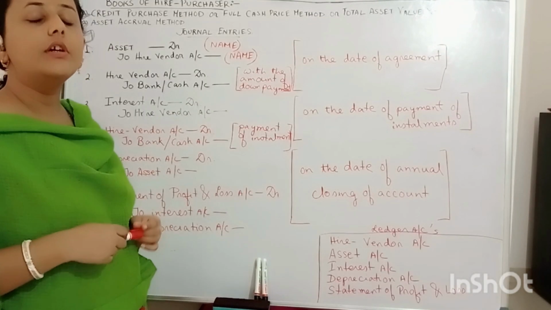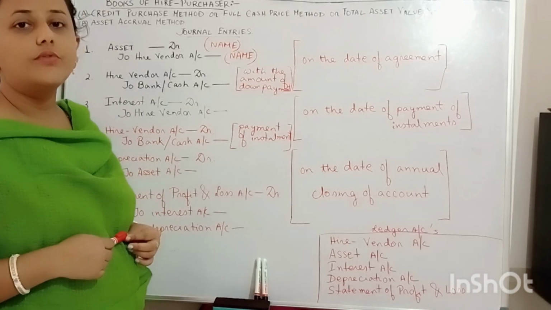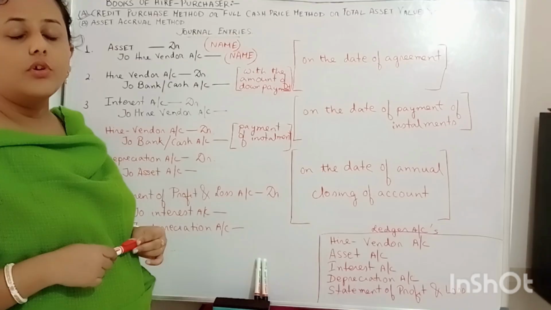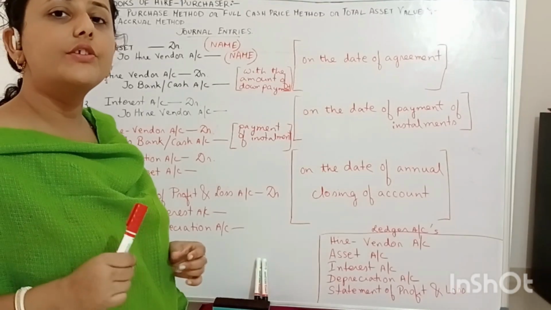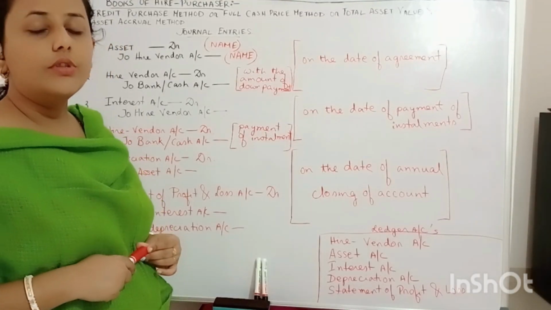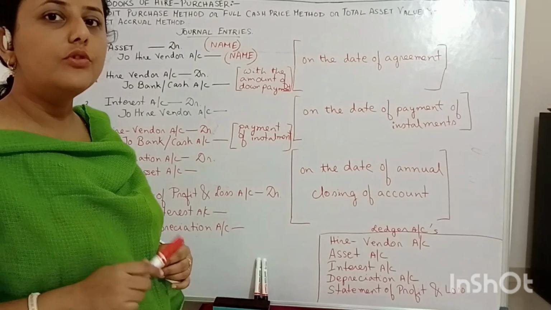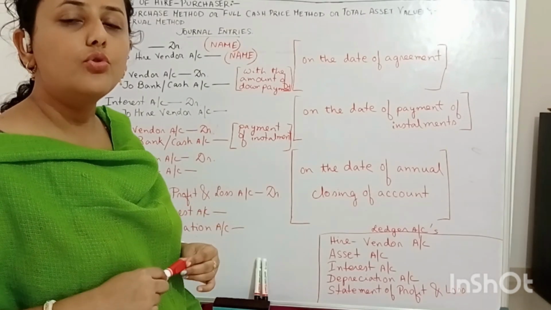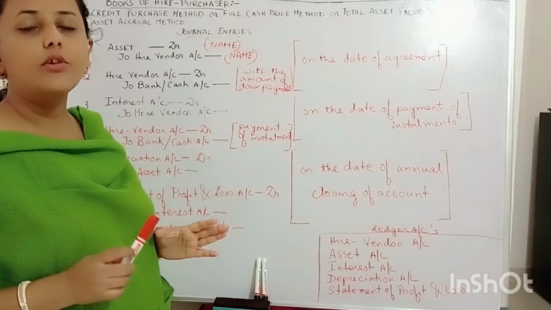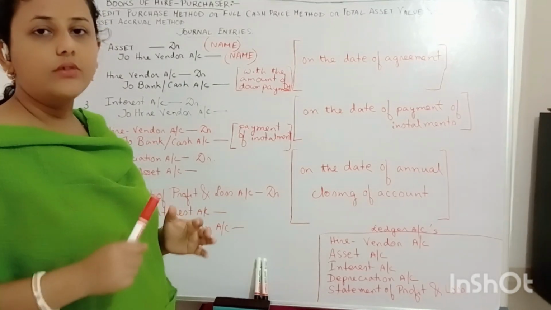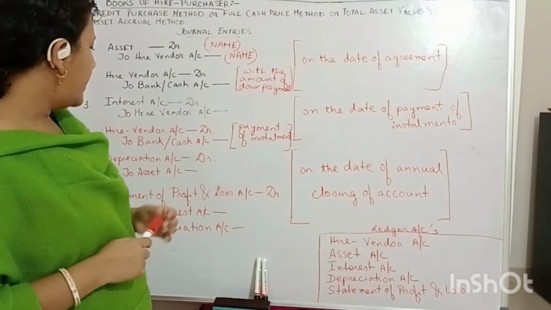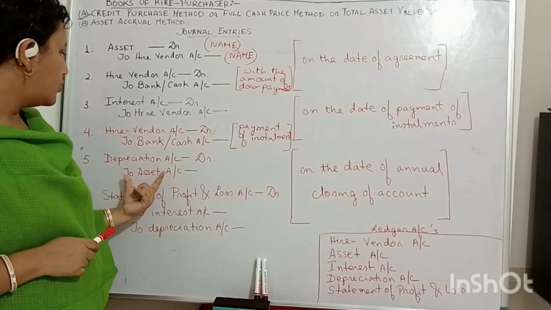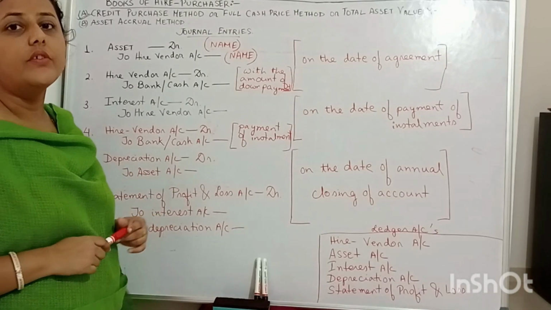Year after year the amount of depreciation goes on decreasing. So that is diminishing balance method or reducing balance method. By following those two methods, or any one of the methods, you calculate depreciation and that depreciation will be debited to asset account. Asset account will be credited.